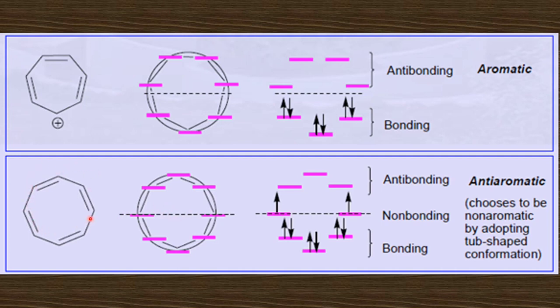So we have seen, for a molecule to be aromatic or anti-aromatic, first of all it has to be cyclic and then it has to be planar. But this molecule is non-planar. So we will discuss this structure later.